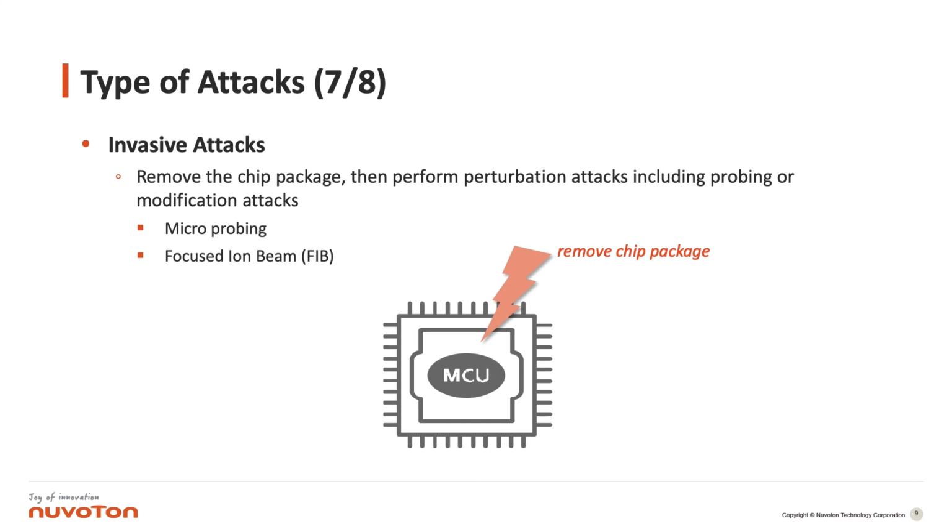The first is to destroy the package of the MCU and use chemical agents or physical means to remove the package on the chip. Then, use a microprobe to measure the signal on the MCU internal bus during operation to obtain confidential information, or use the FIB method to modify the MCU internal circuit and turn off the MCU protection function.